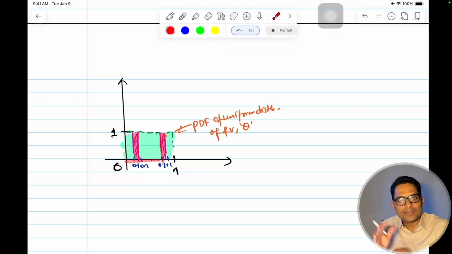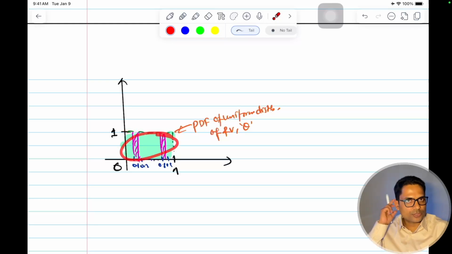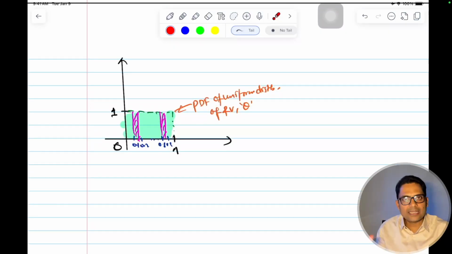So that's what uniform means. It's not biased towards any value. All these ranges are equally likely. This is the prior belief I have.